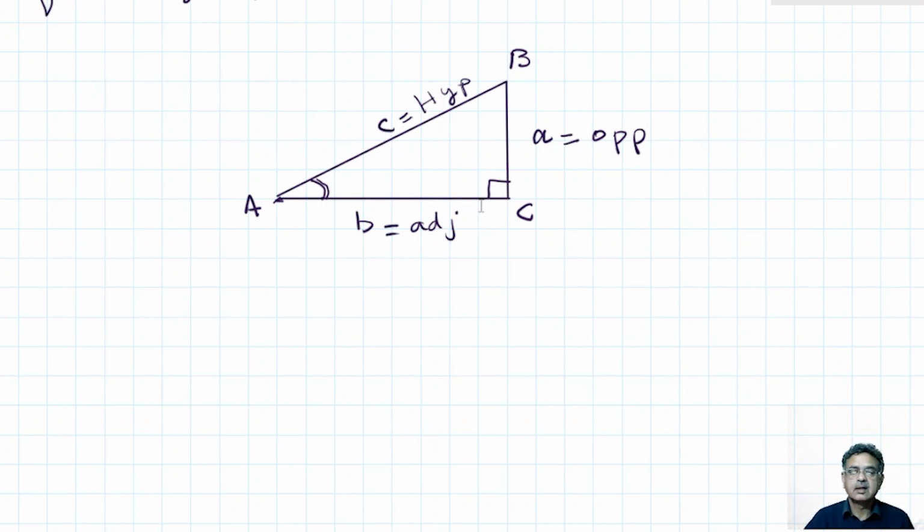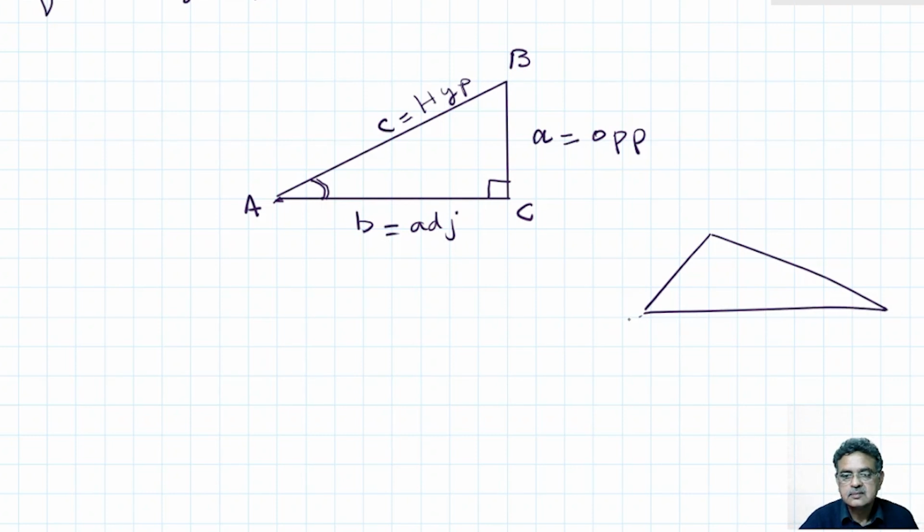Before talking about that, one thing we must know is this property of triangles: in any triangle with any measurements, if this is a triangle, you can see very clearly that this is the smallest angle, number one.